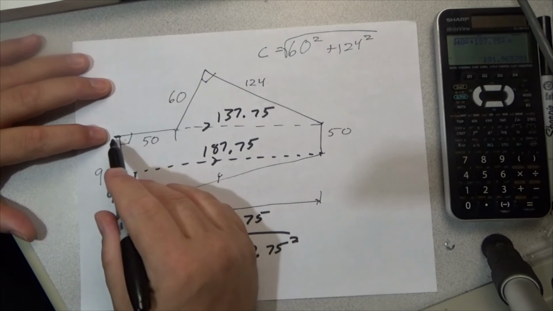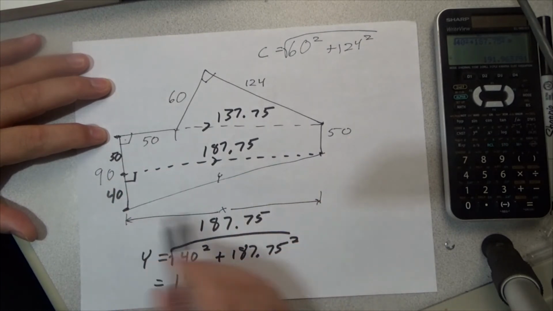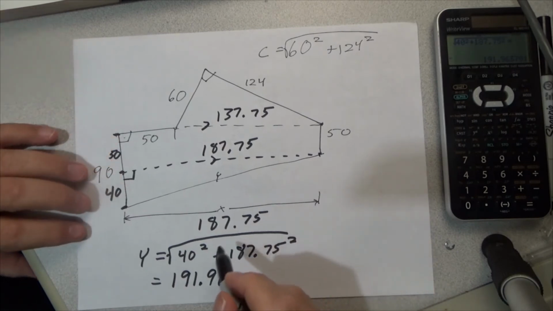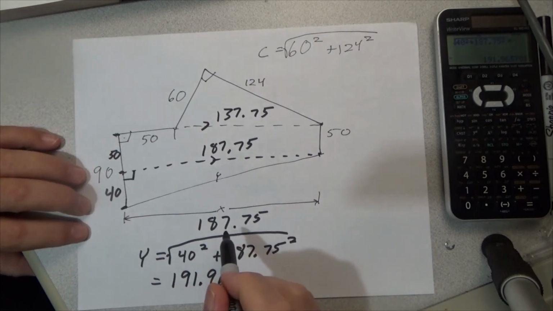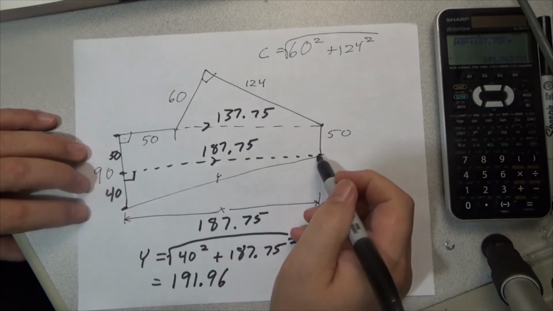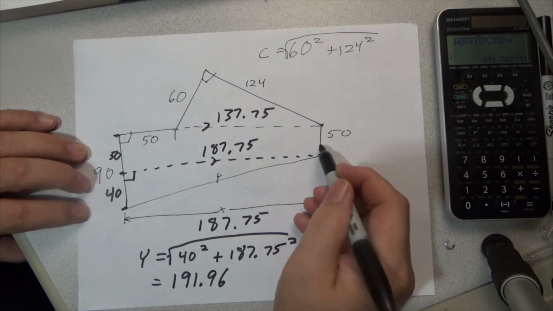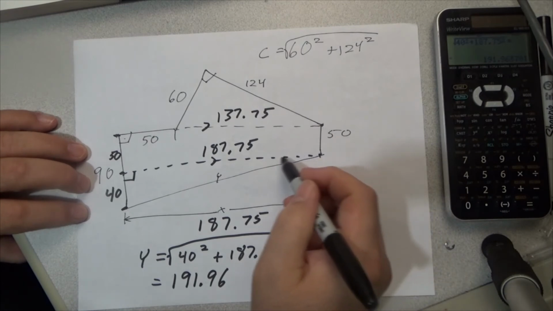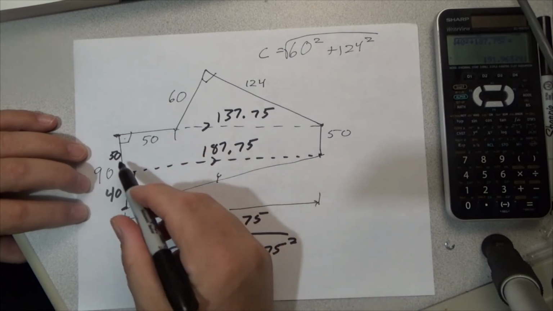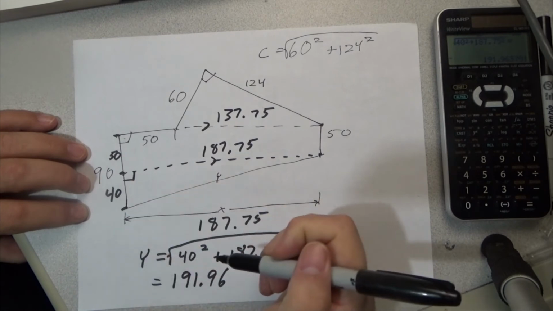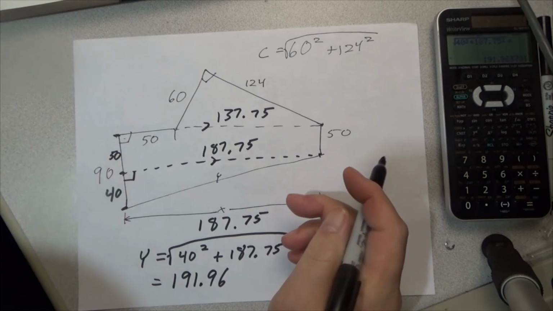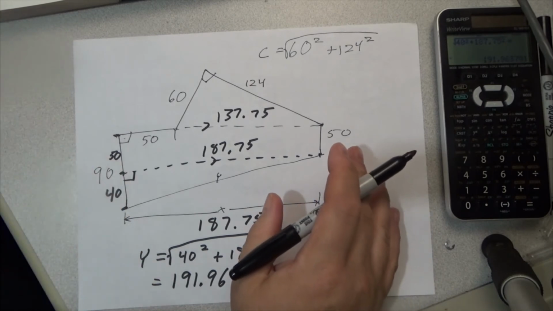Then we know that this side from here to here, which is the same as x, is that plus that. So we can find x. Now to find y, we have to make another right triangle right here by eliminating this side, effectively. I drew a parallel line to that one, taking off 50 from this side, making that side 40. So then we have another Pythagorean theorem that we can use here. So, one little step at a time.